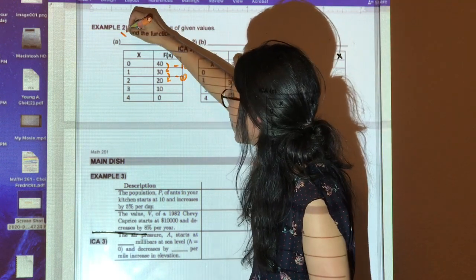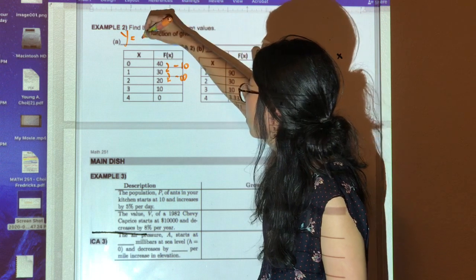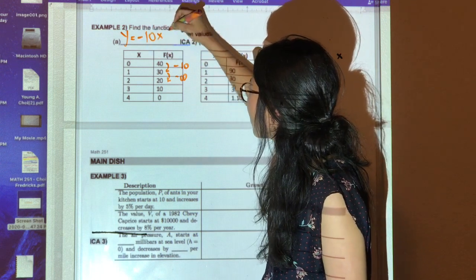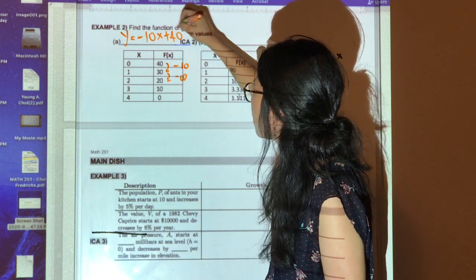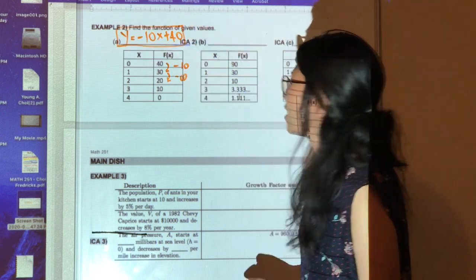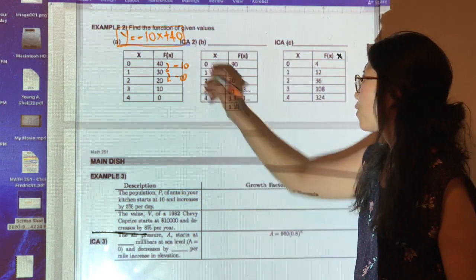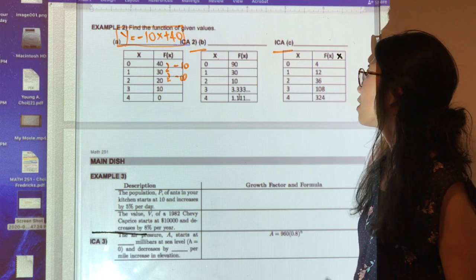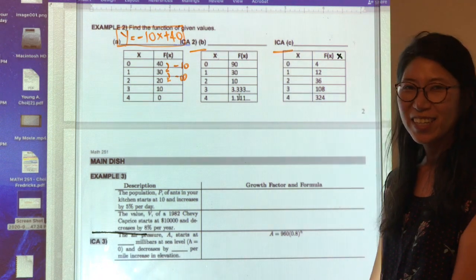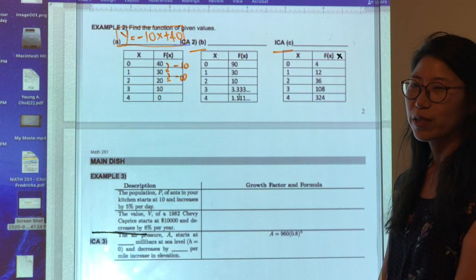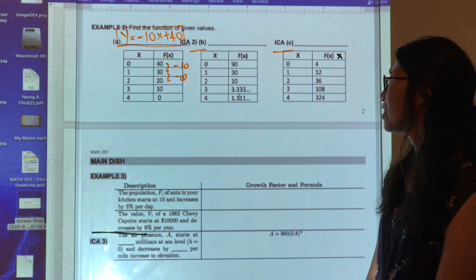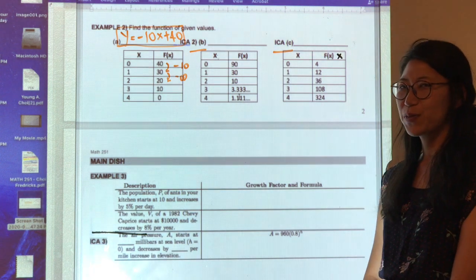I can write the equation y = -10x + 40, starting number 40. Okay, so we are waiting for in-class activities 2B and C. I'll wait for you to try in-class activities B and C for the next few seconds.